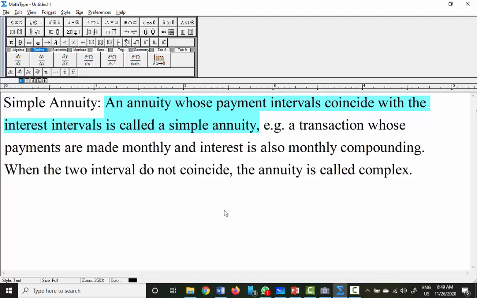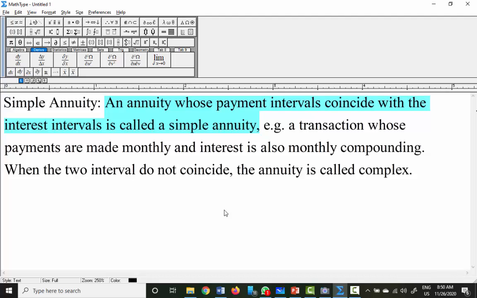For example, if you have borrowed 1 million taka today on a 5 year loan agreement, and you have decided to pay off the loan by making monthly installments, and the interest is also compounded on a monthly basis, then since you are making monthly payments and interest is also compounded monthly, this is a simple annuity.